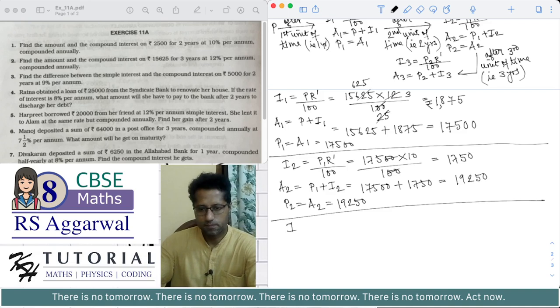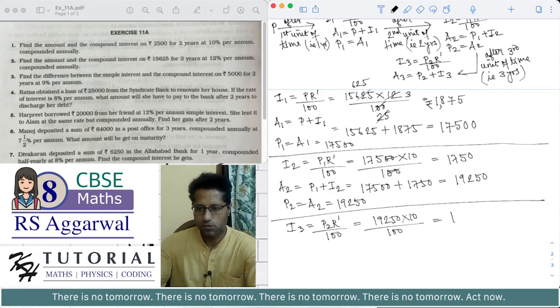So I3 is equal to P2 R dash by 100. This is equal to 19250 multiplied by 10 divided by 100, which is 1925, and A3 is equal to P2 plus I3.